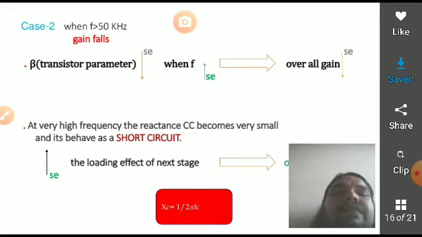At very high frequencies, the capacitive reactance becomes very small and it behaves like a shunt, which increases the loading effect of the first stage. Xc equals 1 divided by 2 pi fC.